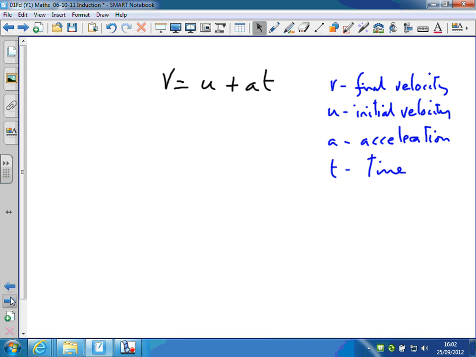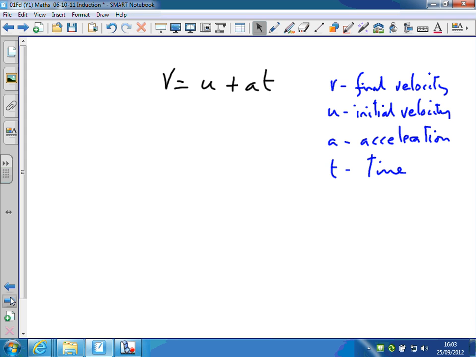I'm going to have a look at a couple of things in this. If I wanted to rearrange this formula for U, look at it, what's happened to U? What have I got to get rid of? I've got to get rid of the AT, so I subtract it.